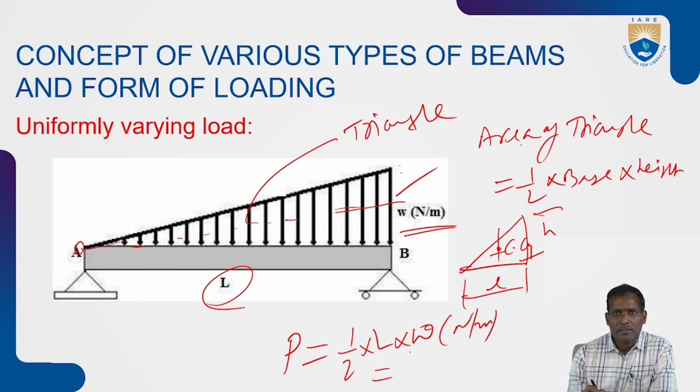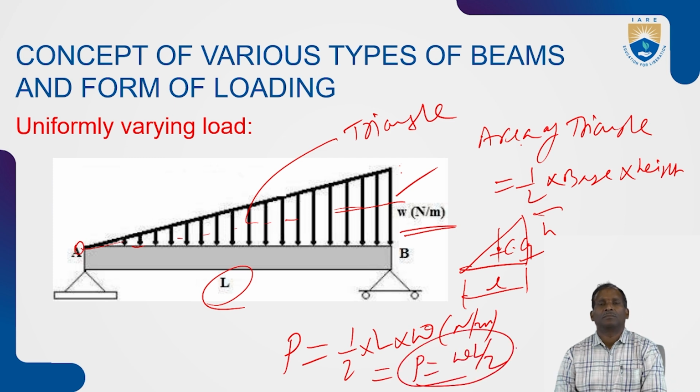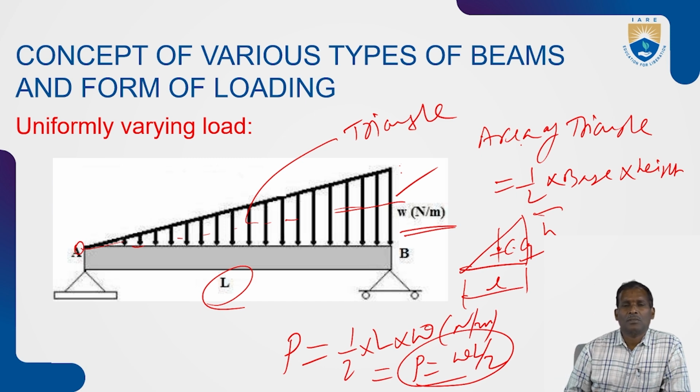So the total load P is equal to WL by 2. Here the uniformly varying load is converted into a point load.